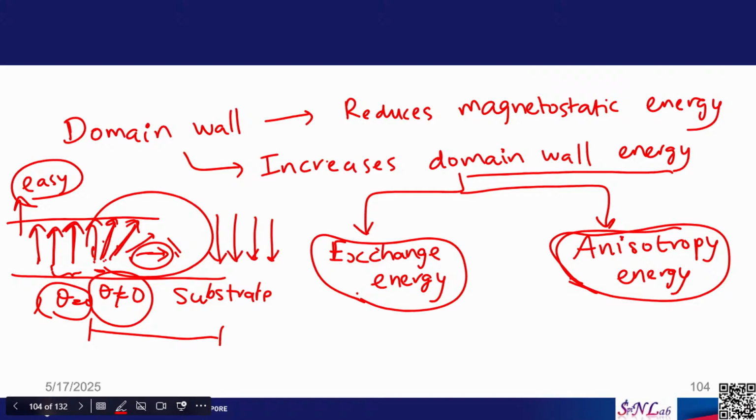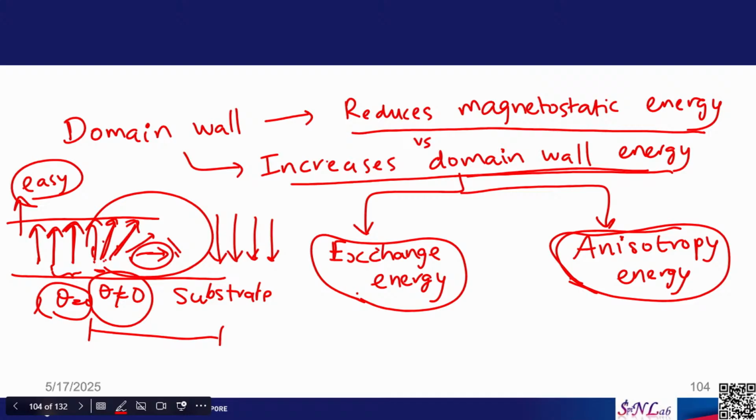You can see that there are two cases. Domain formation reduces magnetostatic energy, but domain wall formation increases the domain wall energy. So, finally, whether the system will form domains or not depends on the competition between these two.